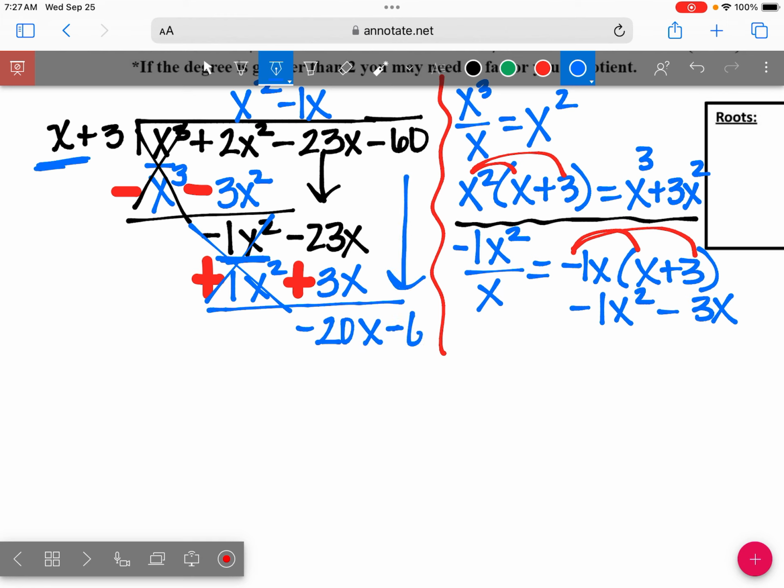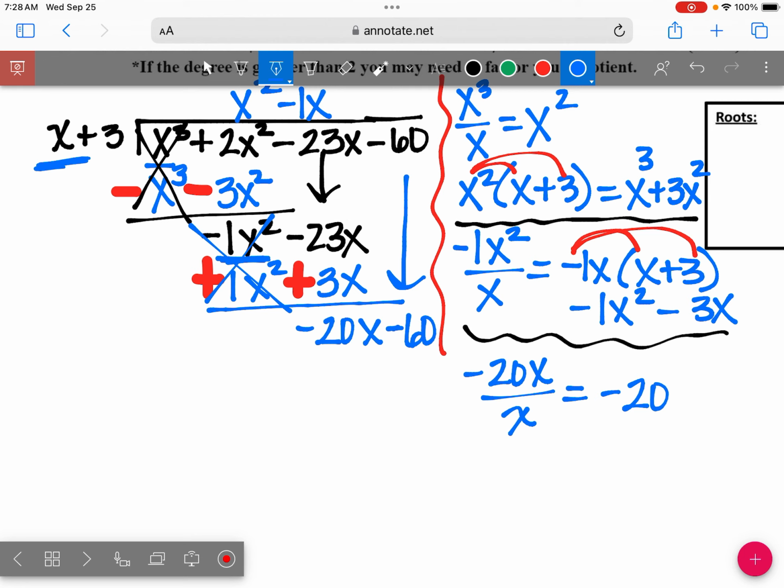And we got one more time to go to the kitchen, and we'll be finished with our division. So we got negative 20x divided by x, which is a negative 20.